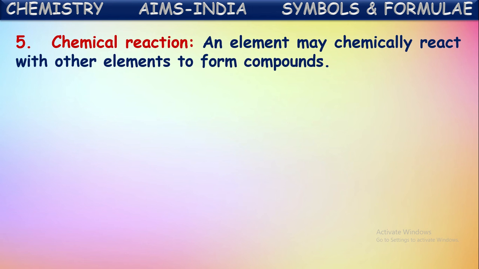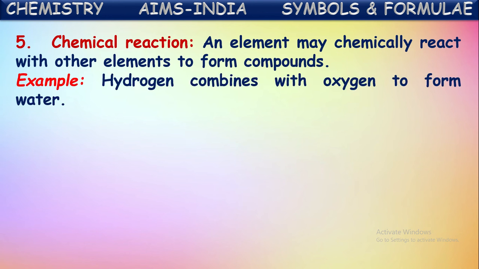Then chemical reaction. An element may chemically react with other elements to form compounds. Yes, elements react chemically with other elements to form molecules and compounds. For example, the element hydrogen combines with another element, oxygen, to form water.